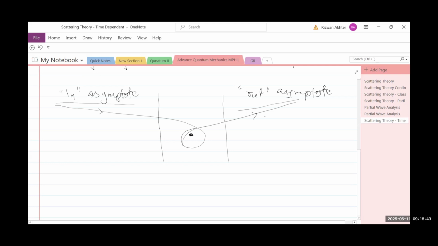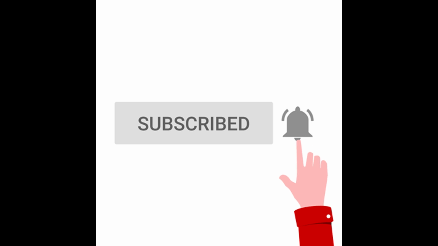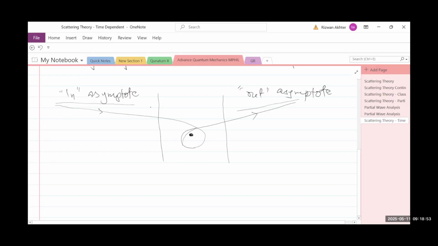So it would be nearly free, and this nearly free behavior is described in terms of an asymptote. We describe them as the in asymptote and the out asymptote.